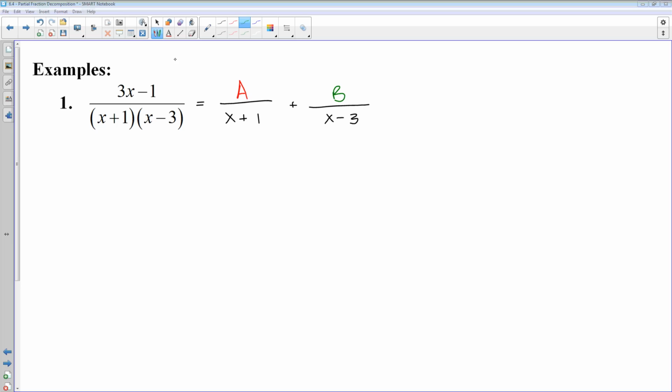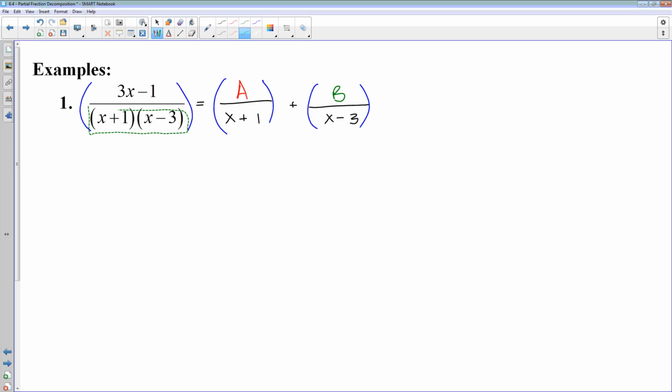Then the next step, once we set it up, A over x plus 1, B over x minus 3, is to take every single fraction in the whole equation, on the right side and on the left side, and multiply every fraction by the overall common denominator, which is this denominator right here.